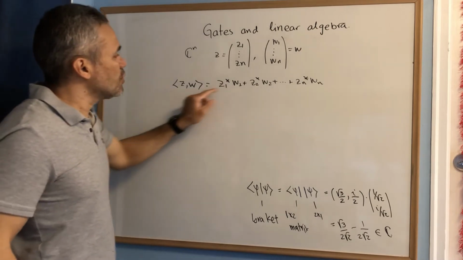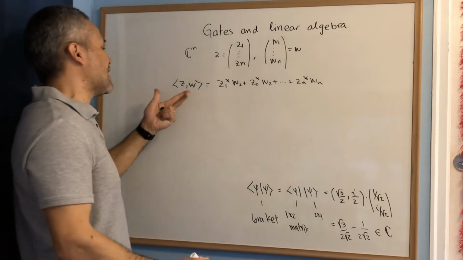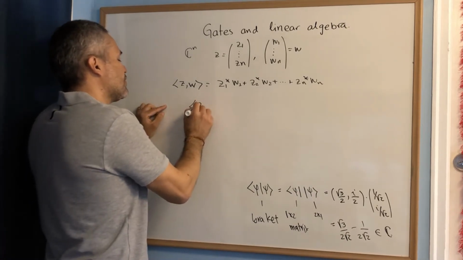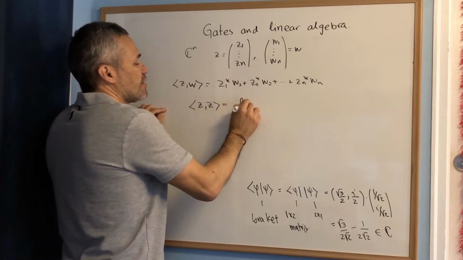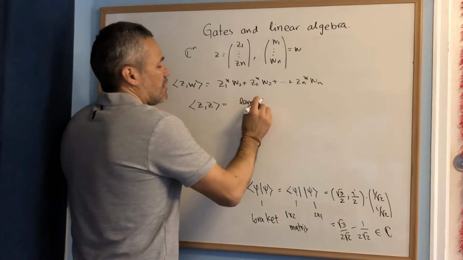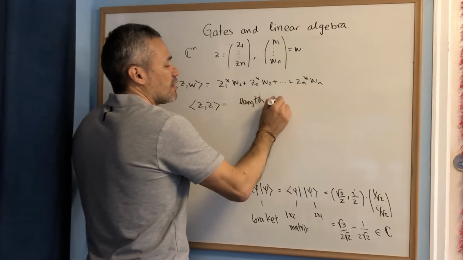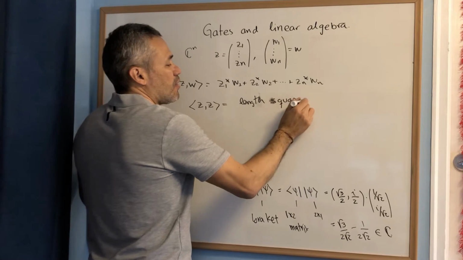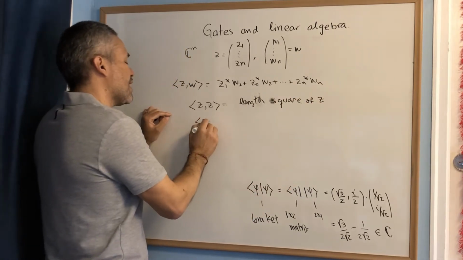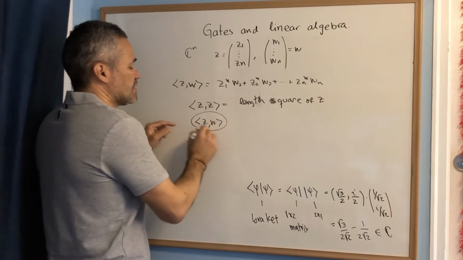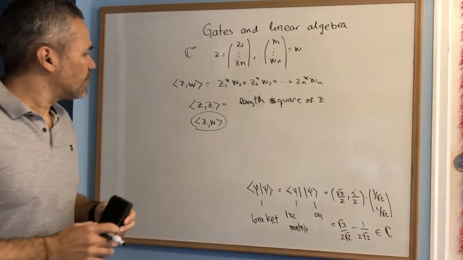The inner product provides a notion of distance and angle. For example, we can check that if we do the inner product of C with C, we essentially get the length squared of C, and somehow the information about the angle between C and W is in this inner product.